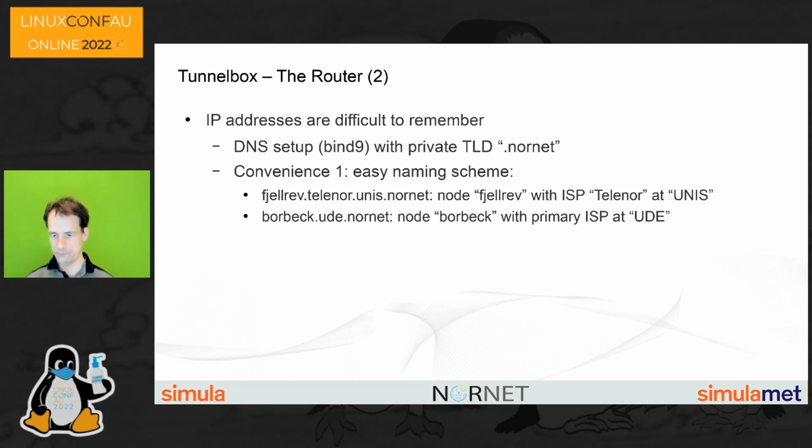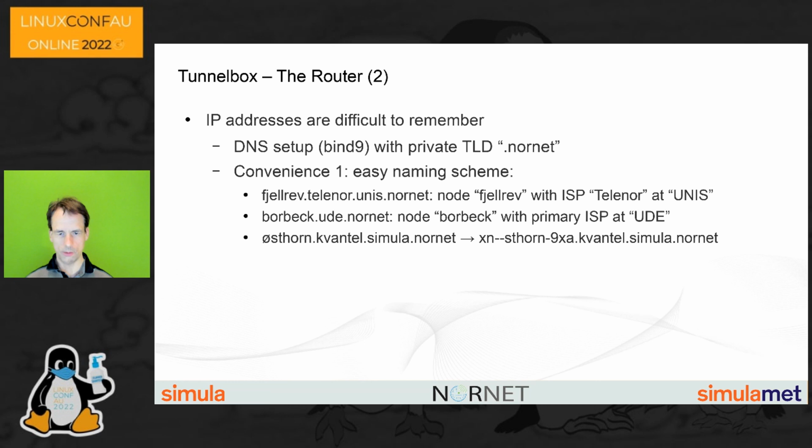This gives the possibility to look up IP addresses, and particularly reverse lookups of IP addresses to symbolic names. And since countries like Norway or Germany have an extended set of characters, we also have support for Punycode, which works even for the Chinese site with Chinese names.